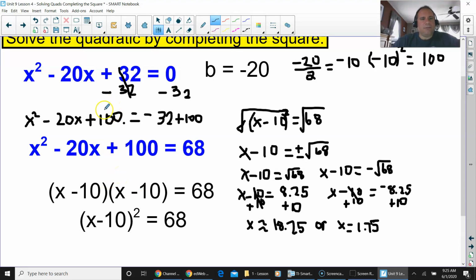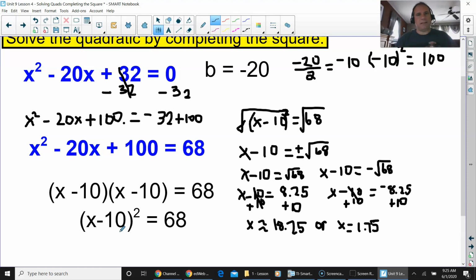So you add that 100 on both sides, and you get x squared minus 20x plus 100 equals 68. And what this does is that it creates the same binomial for each. So when you have x minus 10 times x minus 10 equals 68, you have it squared.